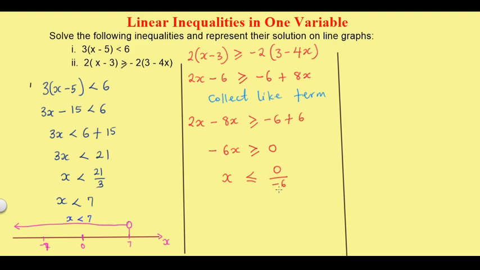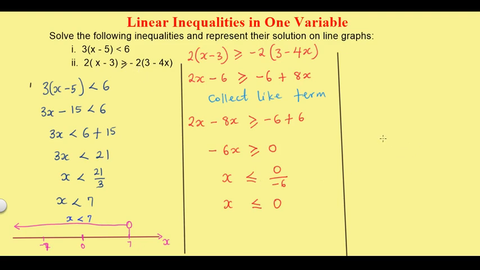And remember, when you divide 0 by any number, x will be less than or equals to 0. What this solution implies is that the value of x that can satisfy this inequality must either be equal to 0 or less than 0. So any value of x above 0 cannot satisfy this inequality.